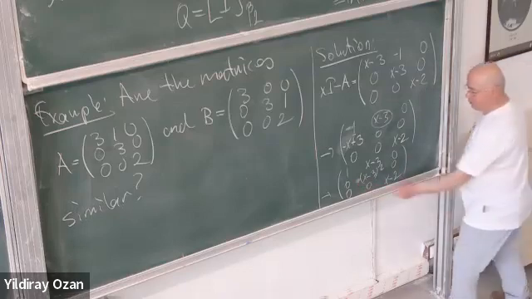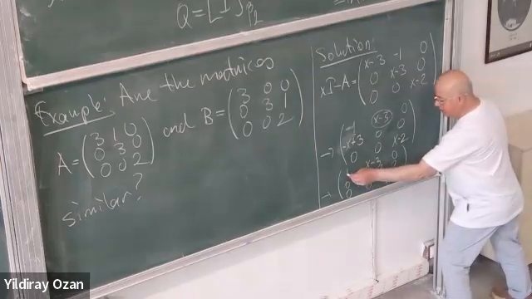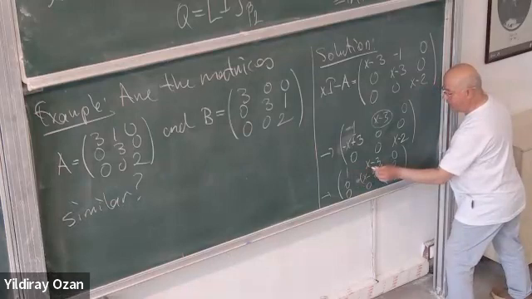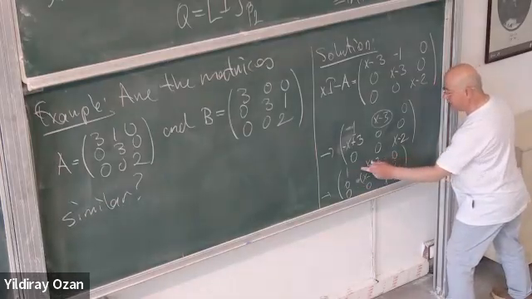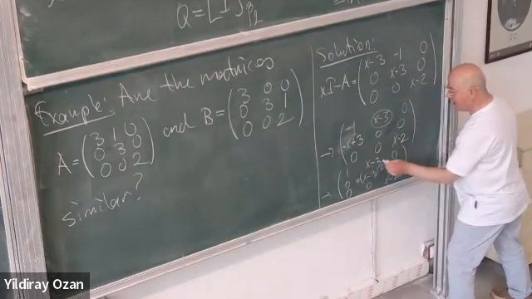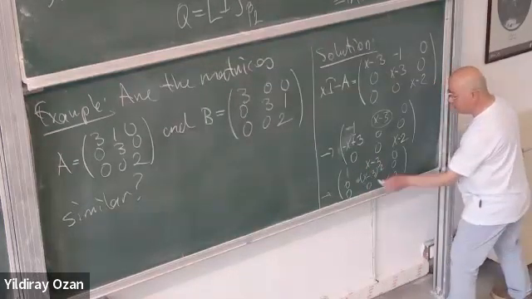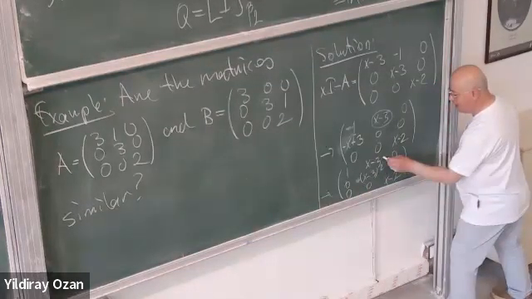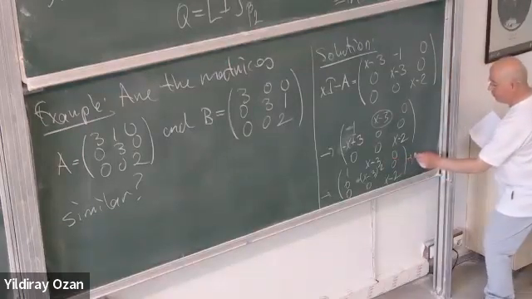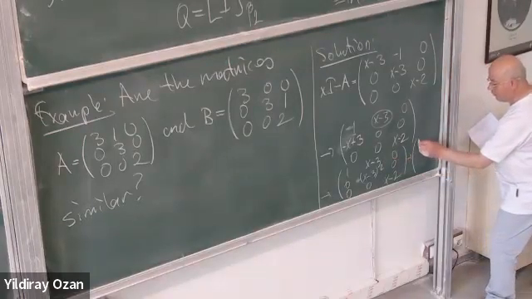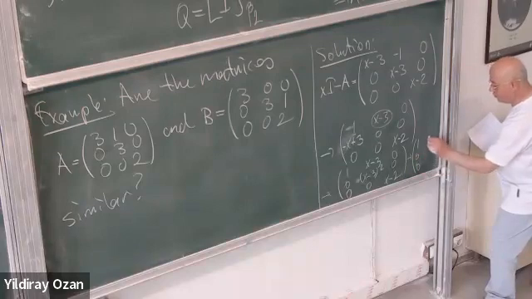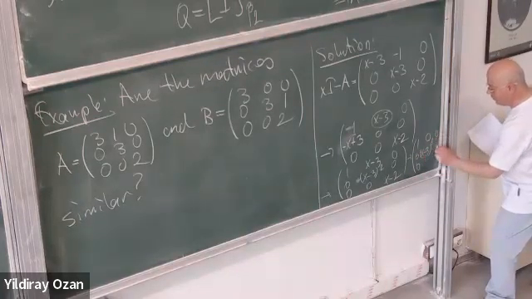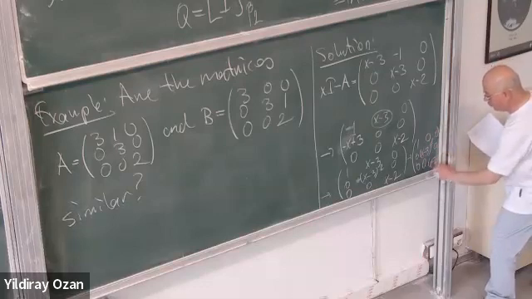And then you can just multiply this again with minus x plus 3 and add to the second column, and you can kill this guy. So you will get 1, 0, 0, 0, (x minus 3) squared, 0, 0, 0, x minus 2.